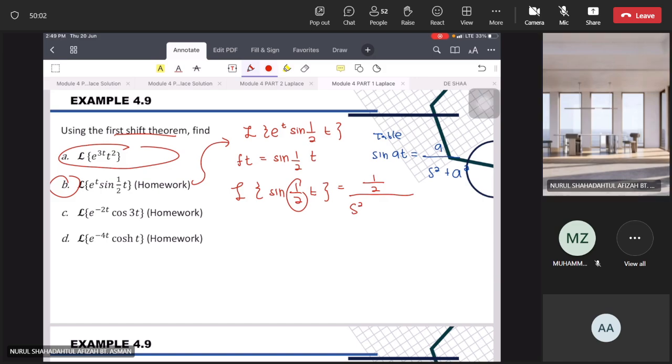So s squared plus (1/2) squared. This one, you get 1/4. So 1/2 over s squared plus 1/4.